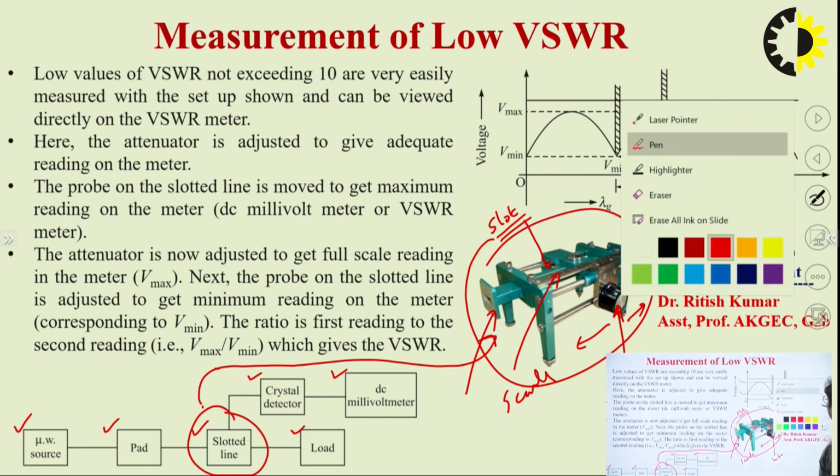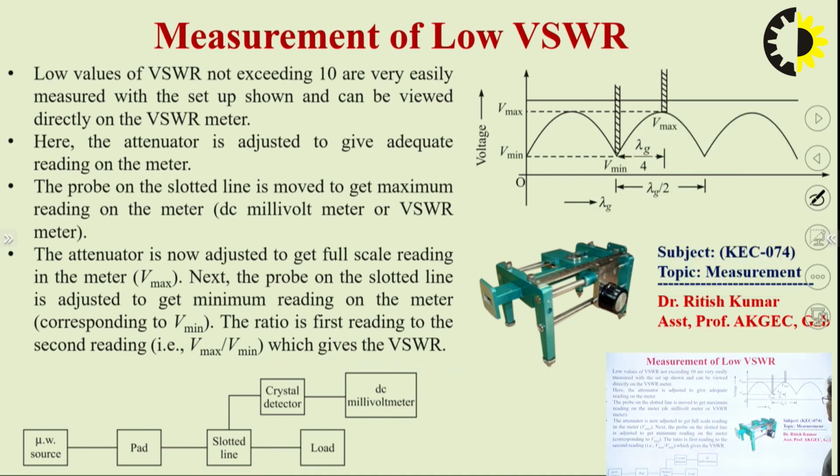Now, how does it work? As we know, if the load impedance is different from the characteristic impedance, we always have a VSWR, and that VSWR we need to measure with a microwave component such as the slotted waveguide section. Whenever you move this knob from left to right, we will get a pattern.